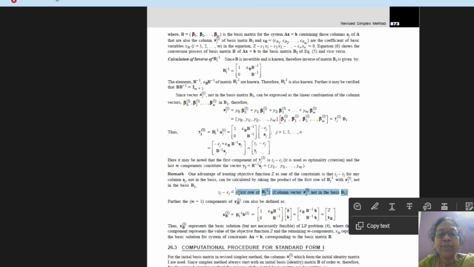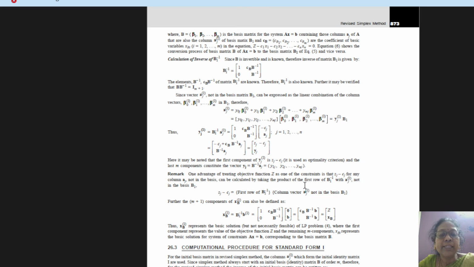If we take the product of the first row of B1 inverse with the column vectors which are not in the basis, we get the net evaluation. With the net evaluation, we can terminate the iteration. If it is not satisfied, then we can find the improved solution.